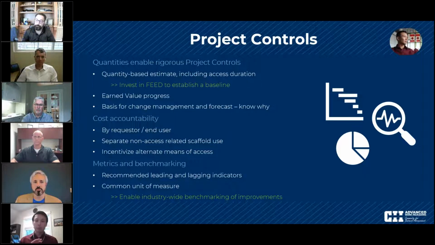So with this best practice, what we suggest is shifting that cost accountability, and instead of tracking scaffold as one big bucket, we track scaffold costs by requester or by end user, whether that's contractor specific or discipline or trade specific within your project. We also want to separate out some components that are not necessarily directly comparable between projects.